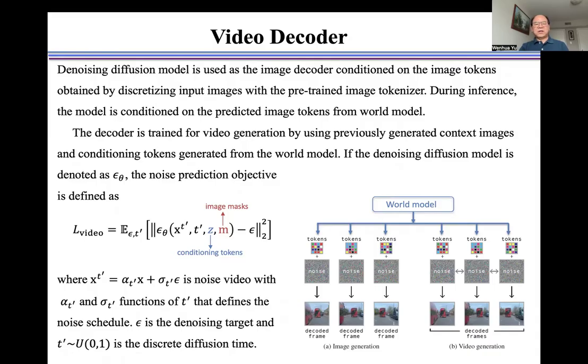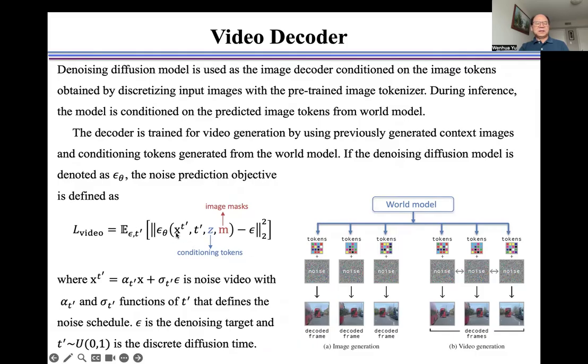The decoder is trained for video generation by using previously generated context images and conditional tokens generated from the world model. If the denoising diffusion model is denoted as epsilon-theta, the noise prediction objective is defined as here.